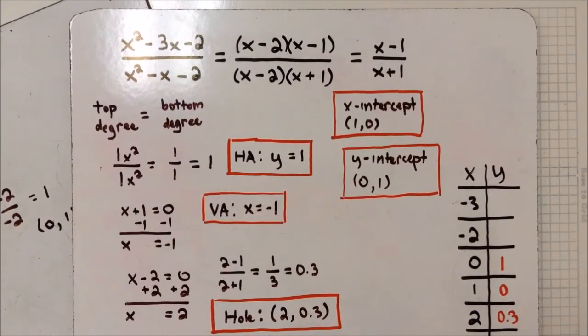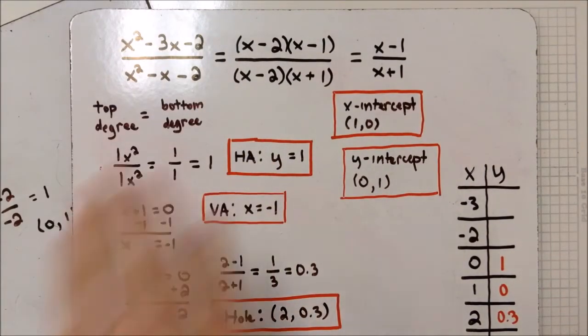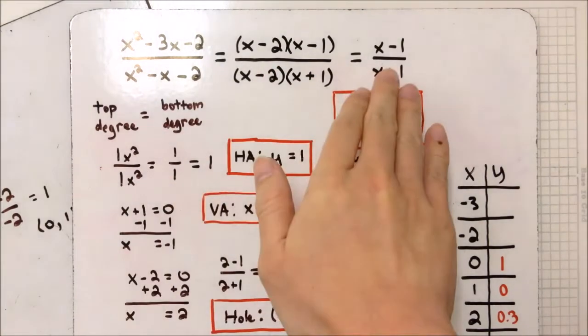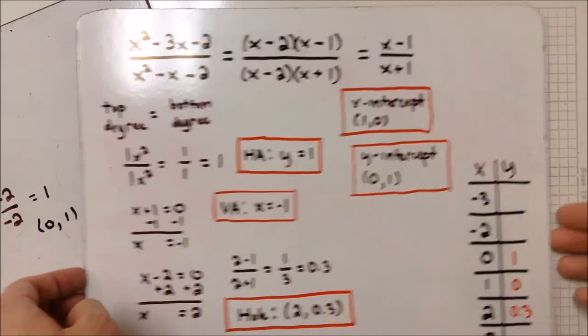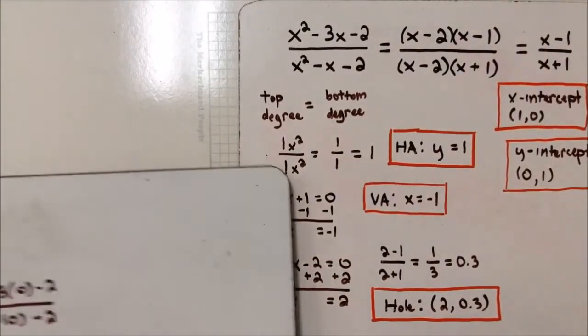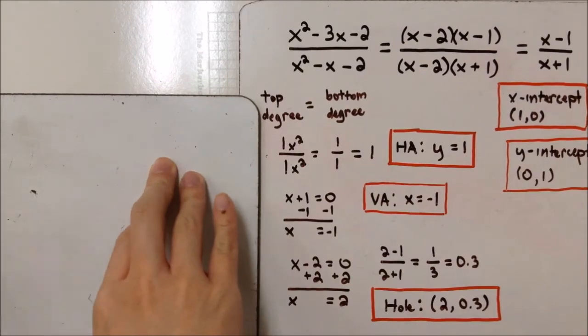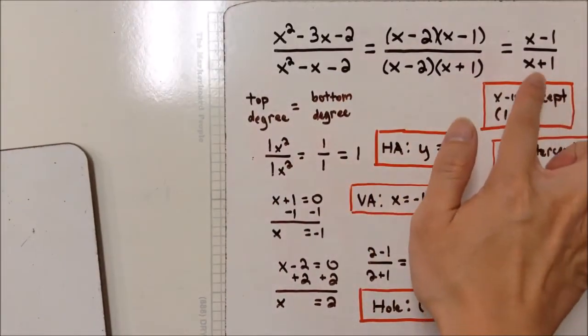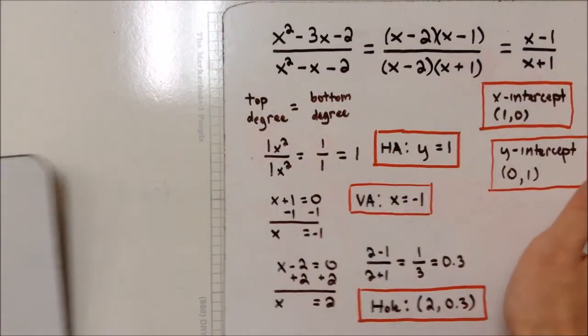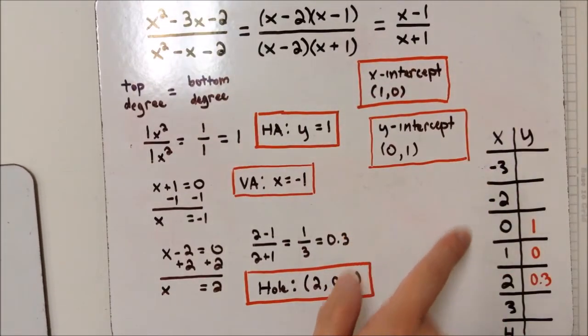So we can use the original function, or the factored function, or maybe we could use the simplified function. So again, you can use the original function, the factored function, or the simplified function when you plug in these x values right here: -3, -2, 3, and 4.